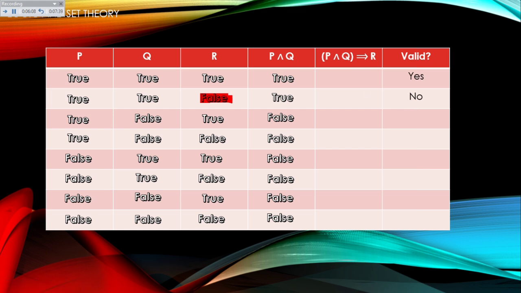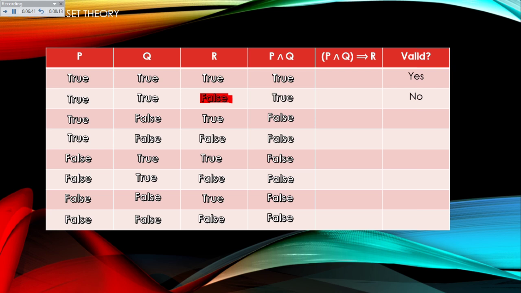The columns labeled P and Q, then R, evaluate the implication. We are checking if the argument is valid, meaning whenever the conjunction of the premises P and Q is true, is the conclusion R also true? The valid column indicates whether the argument holds for the specific row.